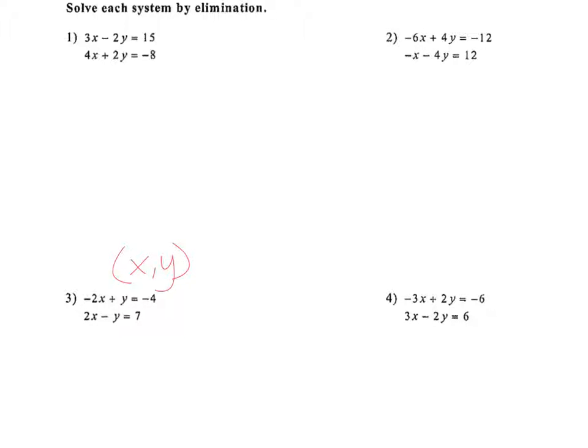On number 4, I do have you for another minute, so I'm going to use it. On number 4, everything is going to cancel when I add. 0 plus 0 equals 0. So that's called infinite solutions.